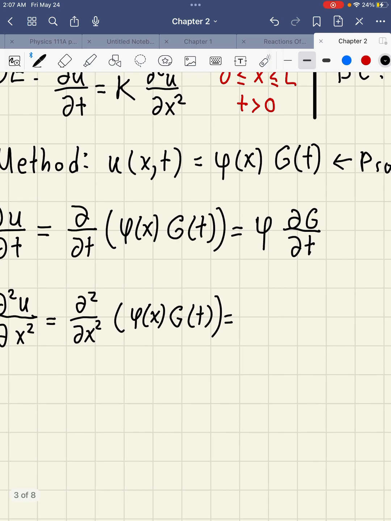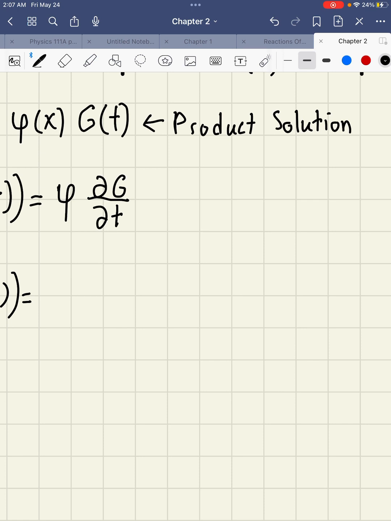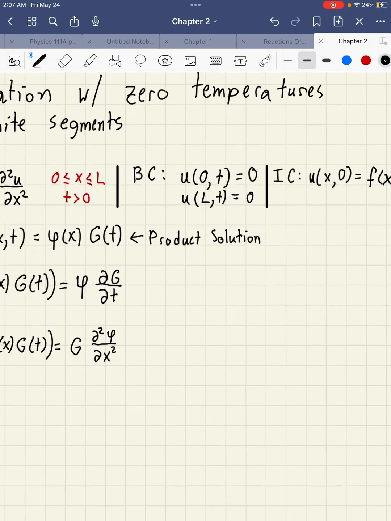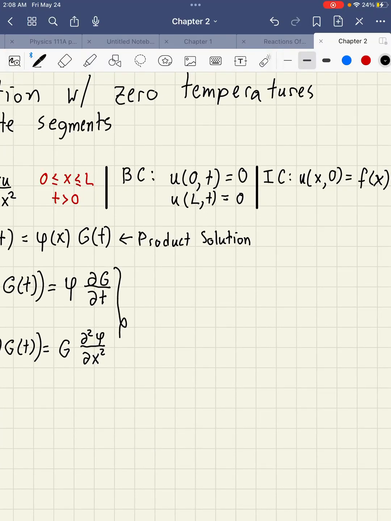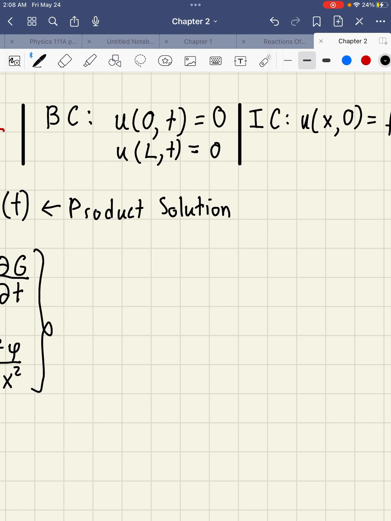Now for a similar reason as before, since I'm taking the derivative with respect to x, all my time components become a constant and I can take it as a coefficient. So it becomes g of t times partial squared phi partial x squared. Now I have this PDE, and I can rewrite my PDE this way.